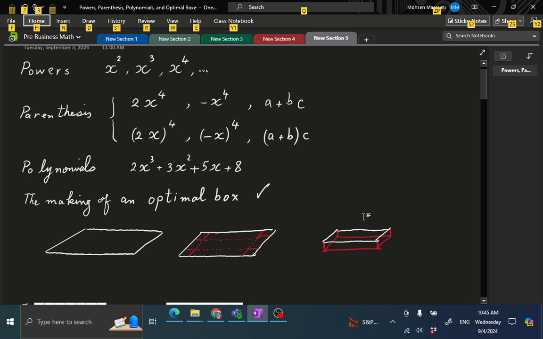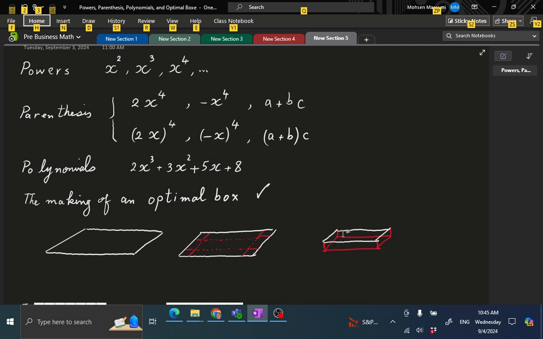There's no top for this box, it's just the bottom portion. The question is, how big should this square be so that we get the best box? What do we mean by the best box? Perhaps what we have in mind is how much we can stuff in that box. That is, what's the volume of that box?